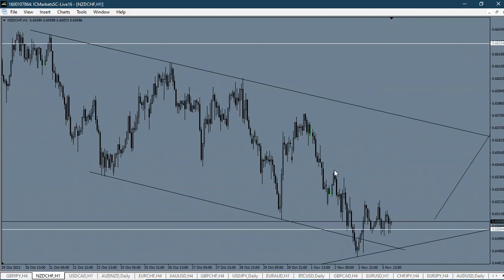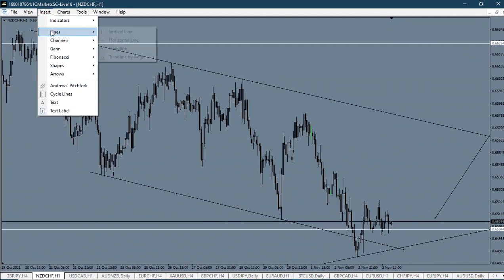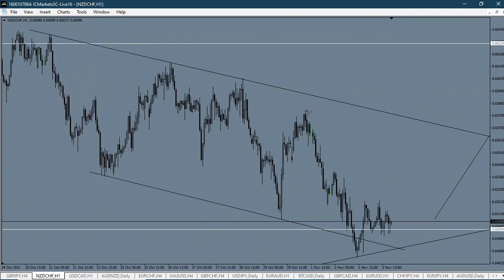So as you can see here, we are at our support, which was our neckline. This is our double bottom neckline from our greater flag, our bigger flag right there. And price recently crossed and retested this trend line right here.